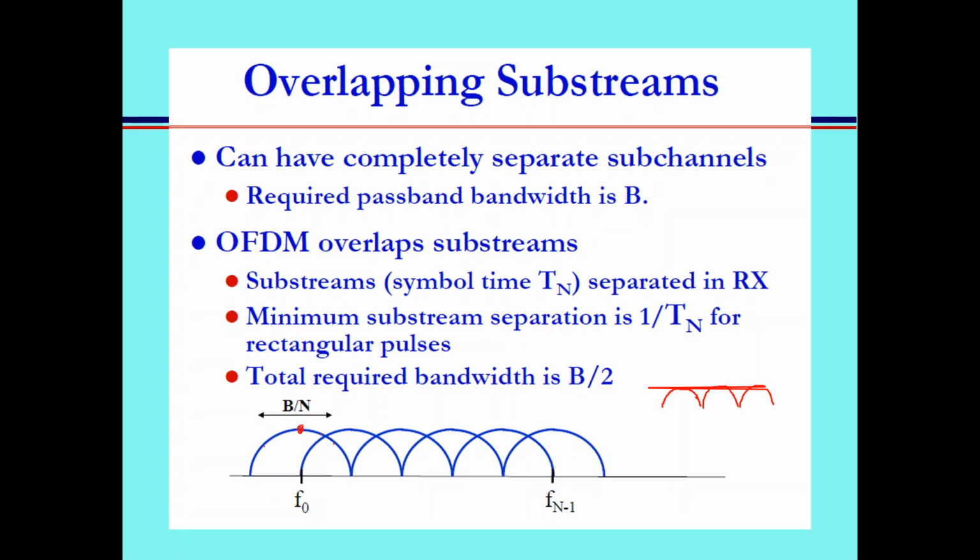So if you can detect this with zero interference from the others, see here, the contribution of this to this point is 0, starting from 0. Then you can get your data without any interference. So instead of using 2B, double the bandwidth, to transmit 2n number of bits, you are using just B. That's the overlapping. You overlap but don't cause interference.